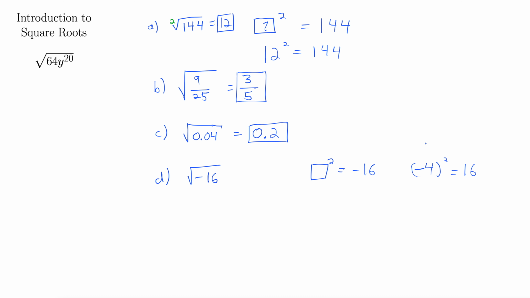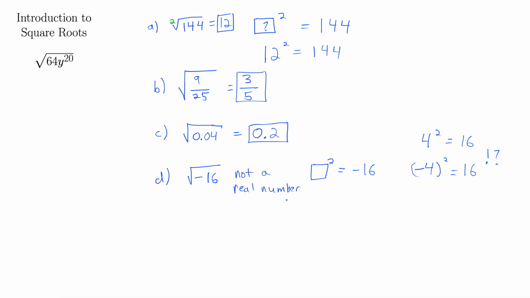Huh. Well, the only other option is 4 squared, but that's also +16. So there's no way to get to -16 by squaring something. So when we try to go backwards, it's impossible. So for something like this, for now, we just write not a real number.